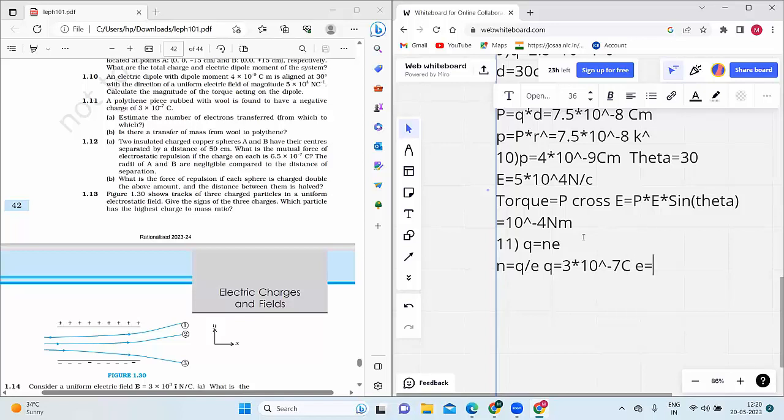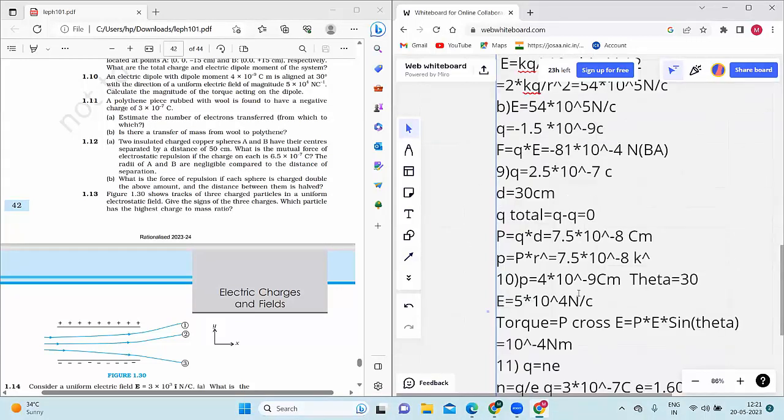And we know that the charge of an electron is 1.602 into 10 power minus 19 coulomb.